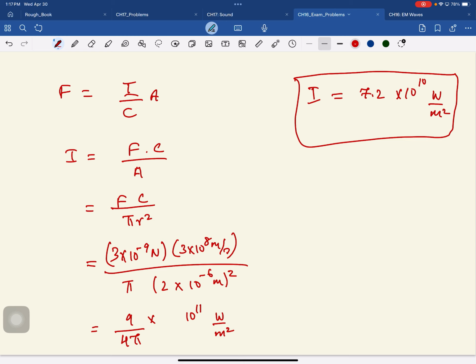So that intensity will stop the particle in 1 second.